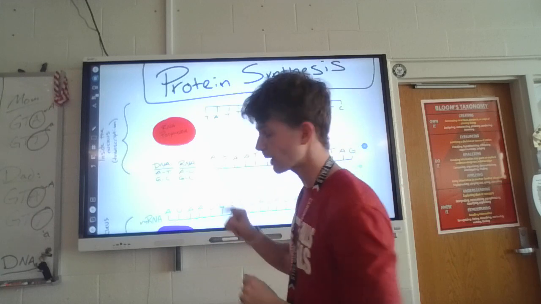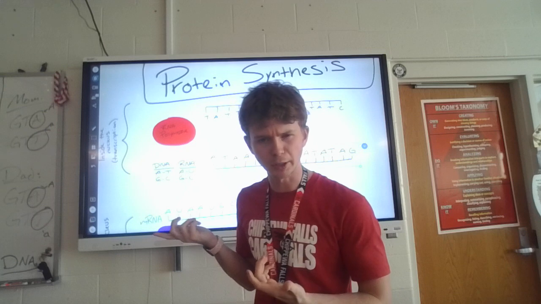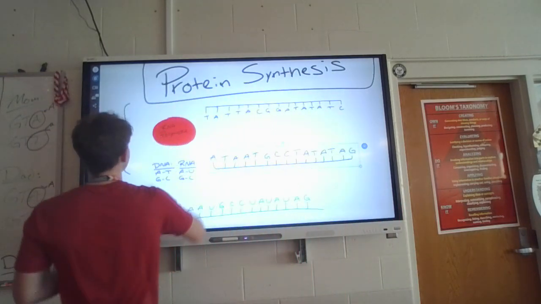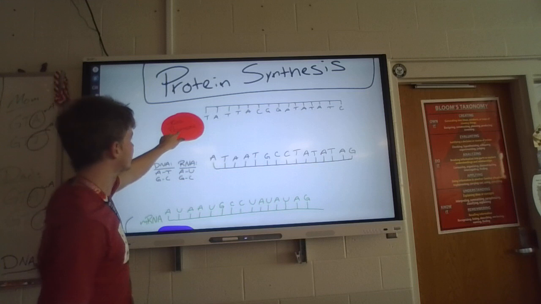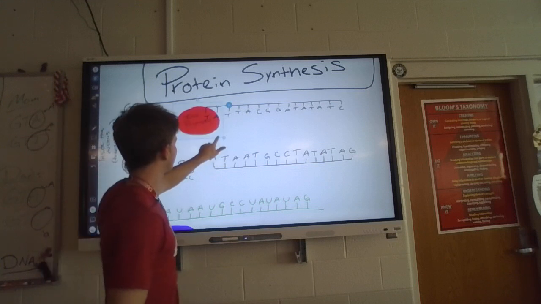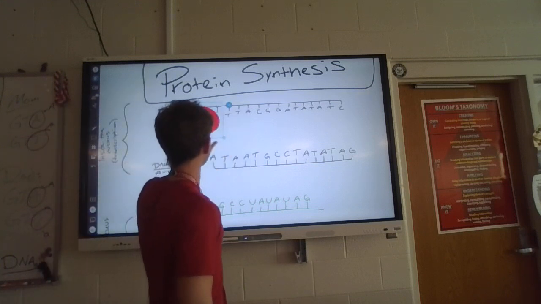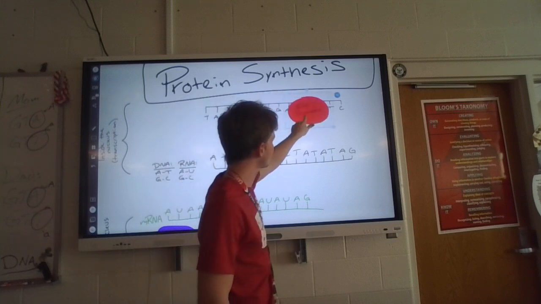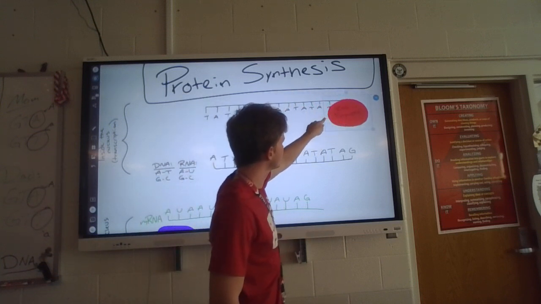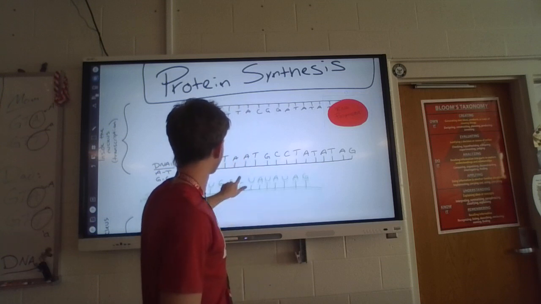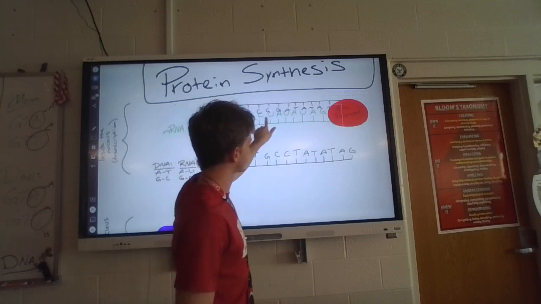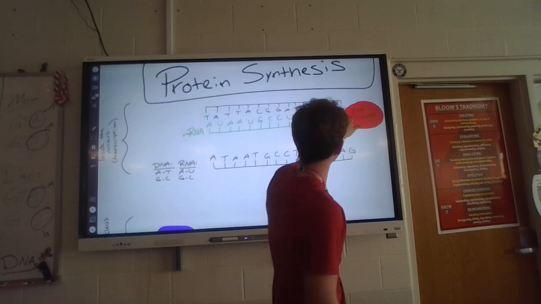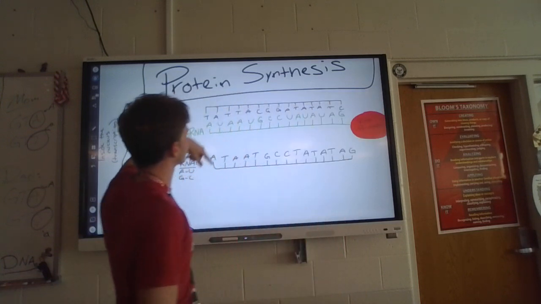Okay, and I'm going to answer the question, why are we going to build RNA? Why don't we just make a new DNA? So what RNA polymerase does is it comes and reads the DNA code, so it comes through here. Let me move this up. Bring to the front. So it's going to come through here and read the code, and as it reads the code, little by little, a little string of mRNA is going to be coming out its back end, and it's going to be binding each of these letters to the corresponding letter that matches.